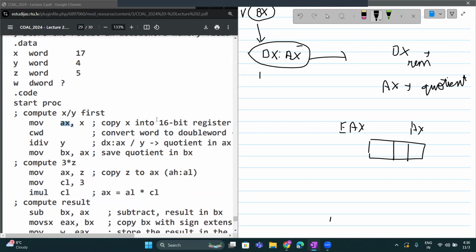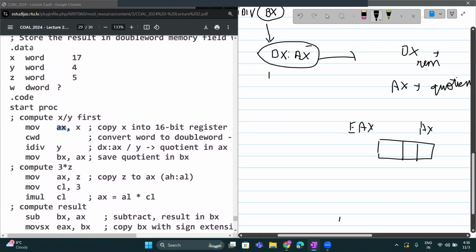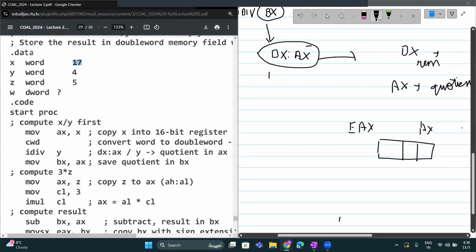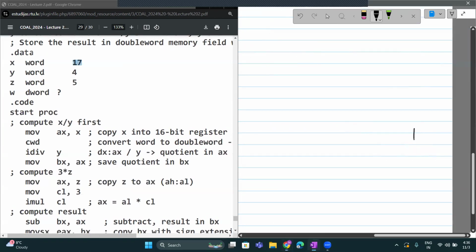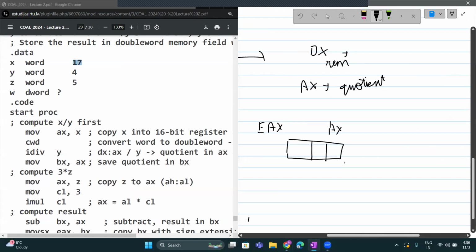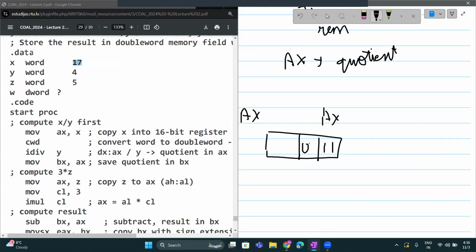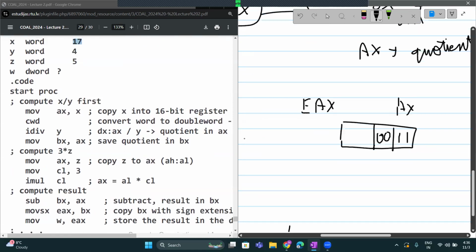So we are copying x into the 16-bit register AX, and x was the word 17. 17 in hexadecimal is 11. So we will get 11 in AX, and the sign is 0, because it's positive.